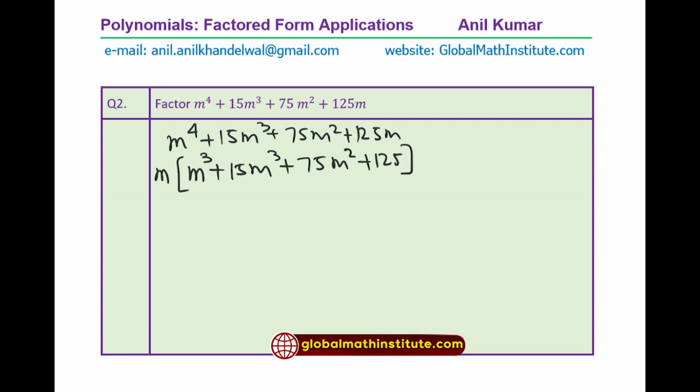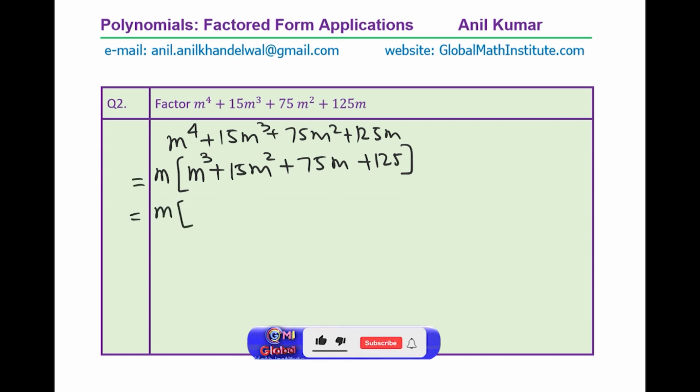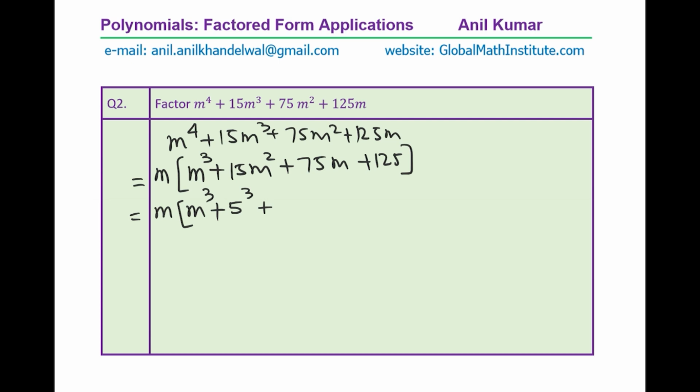Now, difference of cube, we have, well, one power I should reduce, right? m we have taken common, right? Now when we have m cube, look here, 125 is 5 cube. So that helps. So we should reorganize this and we can write this as m cube plus 5 cube for 125, right? Plus 15m square and 75m.